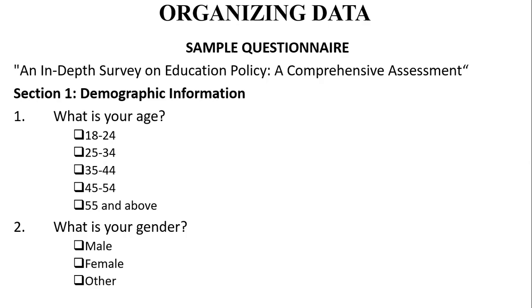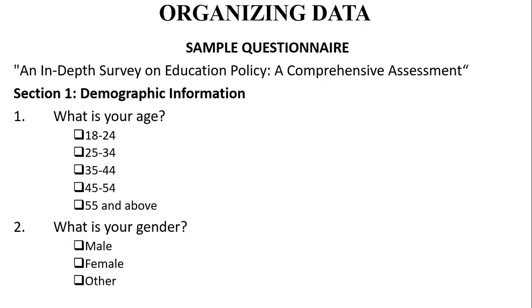A student of education policy and management did a survey and wanted to know how the policy in education is implemented. And here is a sample questionnaire which the student used. The questionnaire was in different sections, section 1 up to 6.